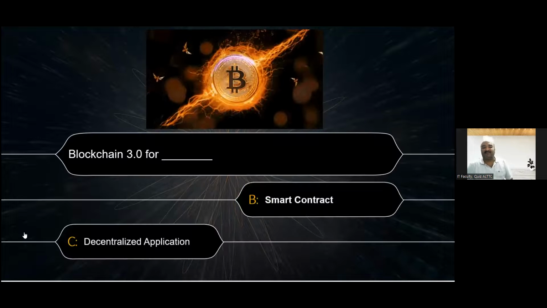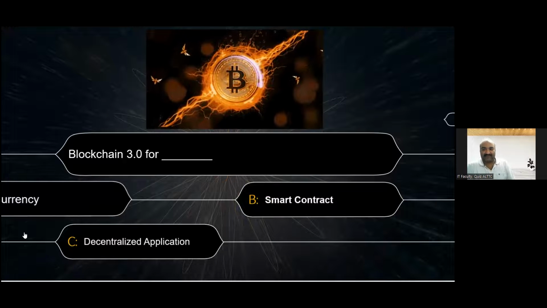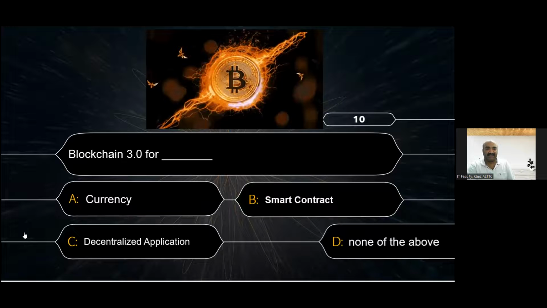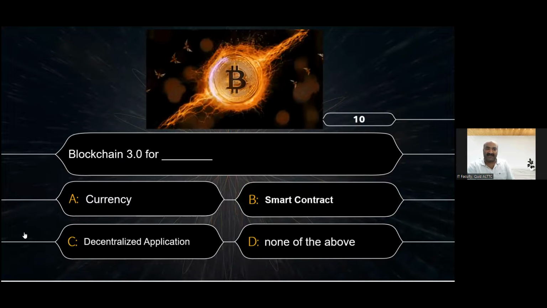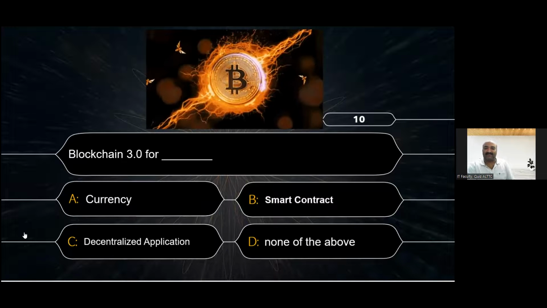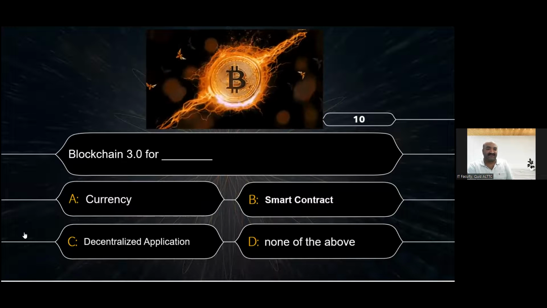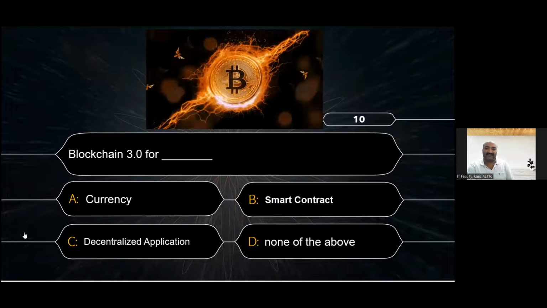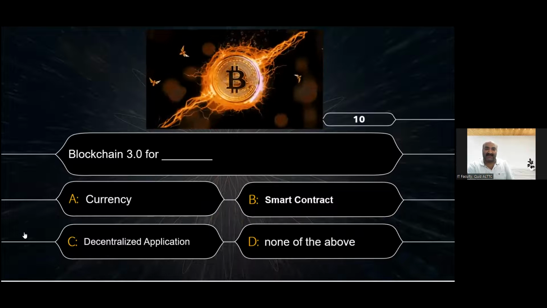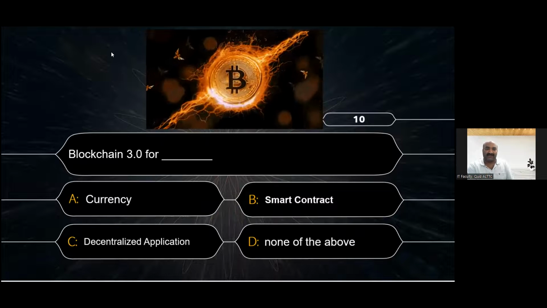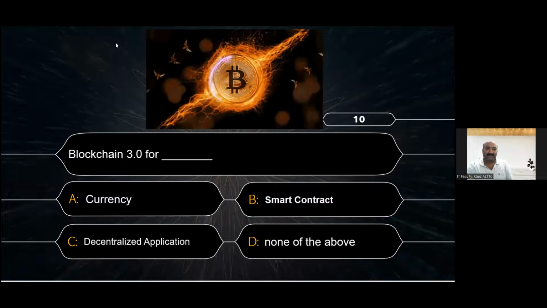Blockchain 3.0 is used for which technology? Option A, unique currency. Option B, smart contract. Option C, decentralized application. And option D, none of the above.